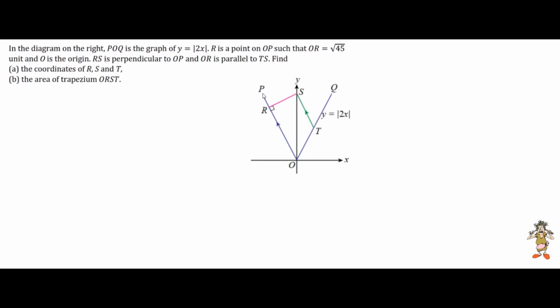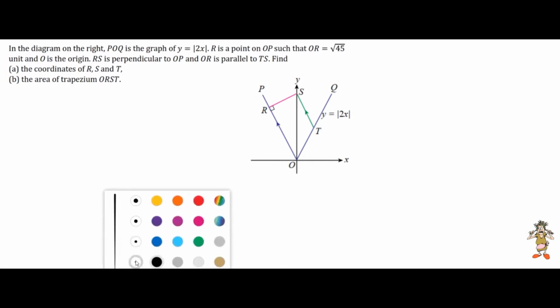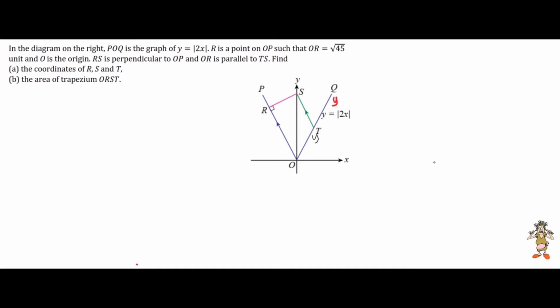Okay, so this one is modulus 2x, which means this side will be equal to 2x, and here will be negative 2x.